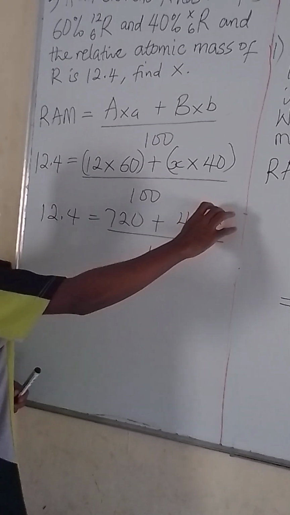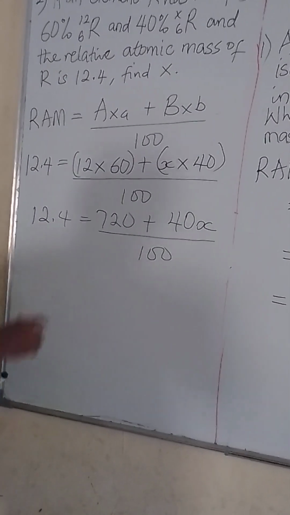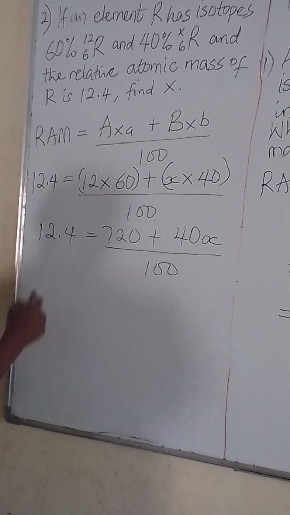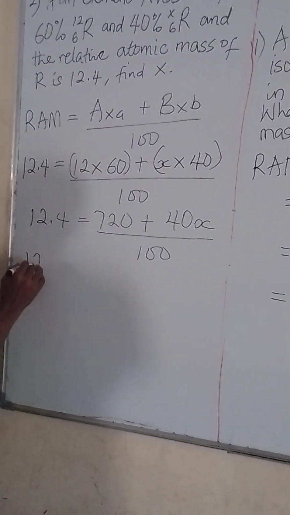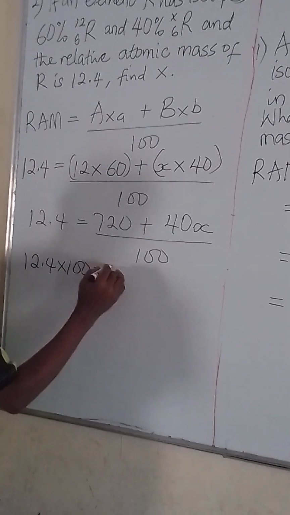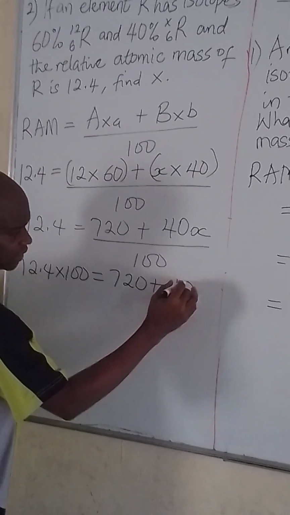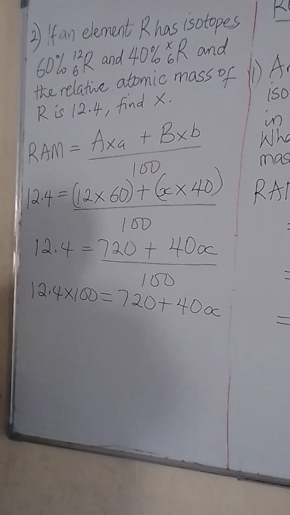Since we are looking for the value of x, we cross multiply, and that will give us 12.4 times 100 equals to 720 plus 40x.